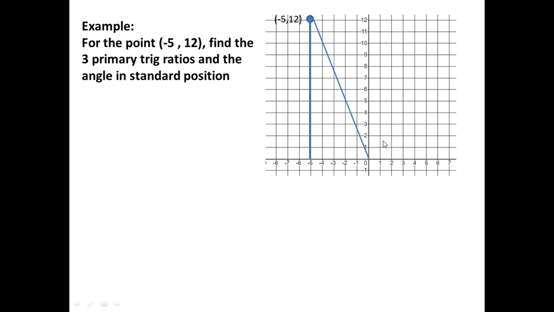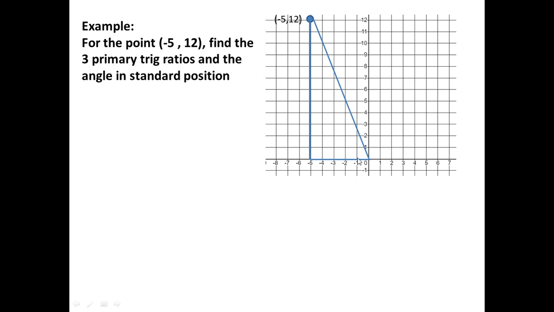Now, I'm not going to be able to do that because I don't know the distance of this. However, I could drop my perpendicular so that I create a right angle triangle. And since I know that this angle is related to this angle, I'm going to be able to find the primary angle in standard position.